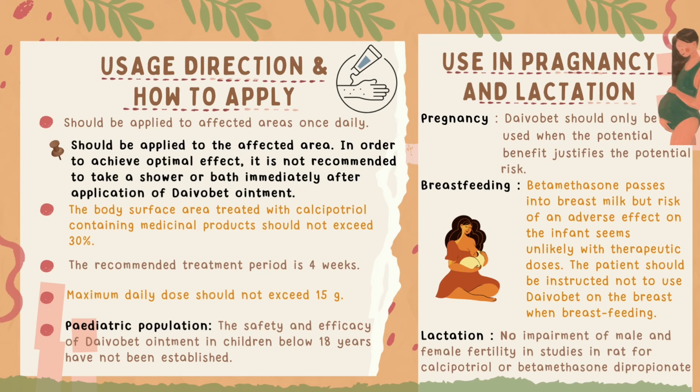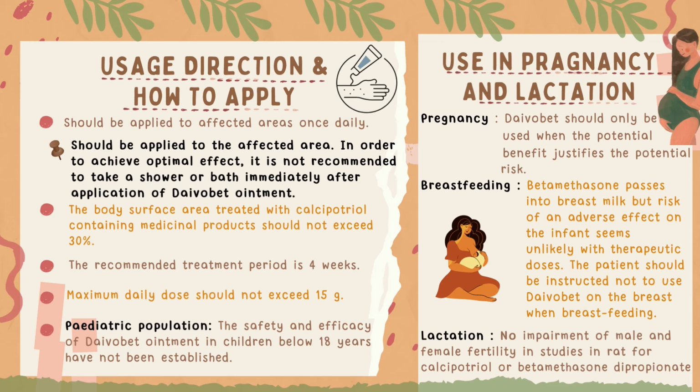Studies in animals with glucocorticoids have shown reproductive toxicity, but a number of epidemiological studies with less than 300 pregnancy outcomes have not revealed congenital anomalies among infants born to women treated with corticosteroid during pregnancy. The potential risk for humans is uncertain. Therefore, during pregnancy, Divobat should only be used when the potential benefit justifies the potential risk.